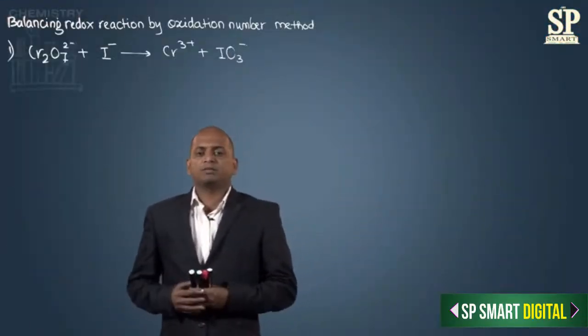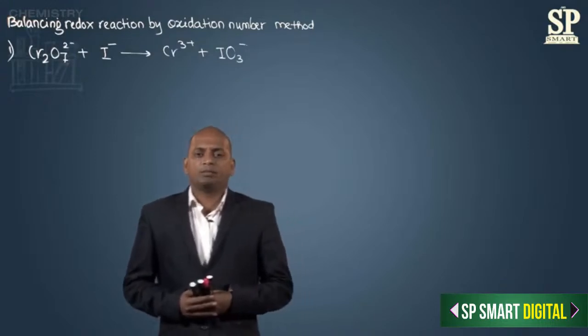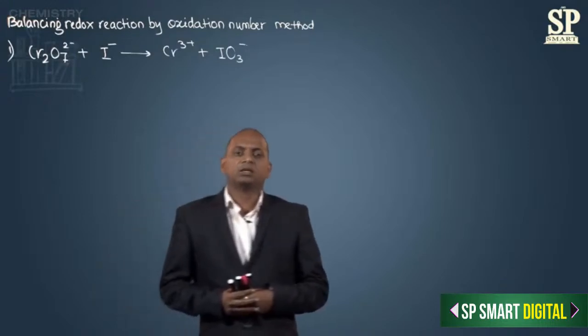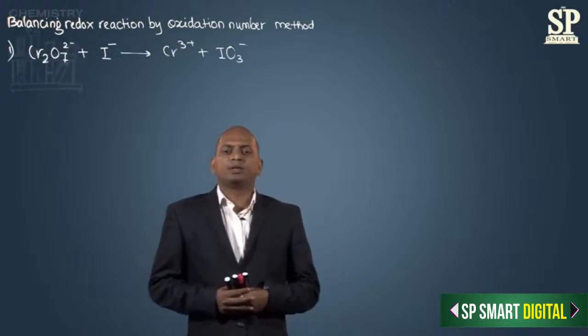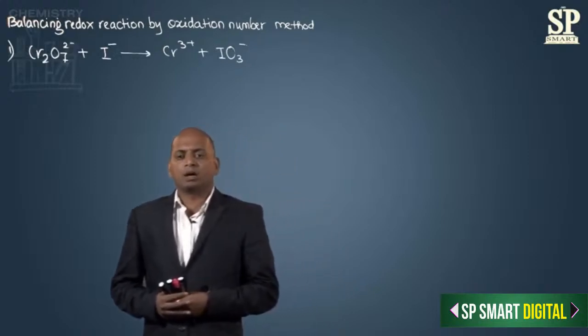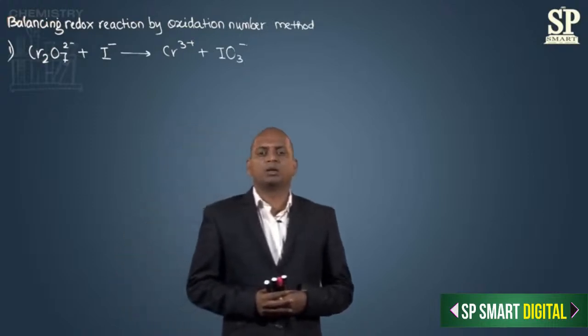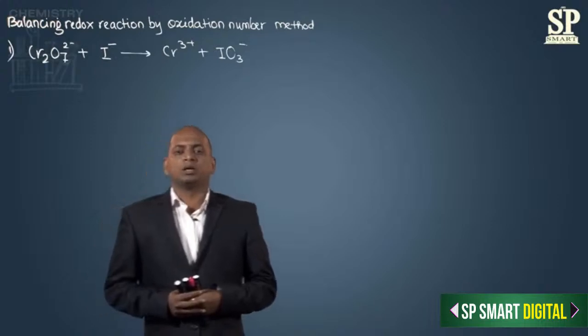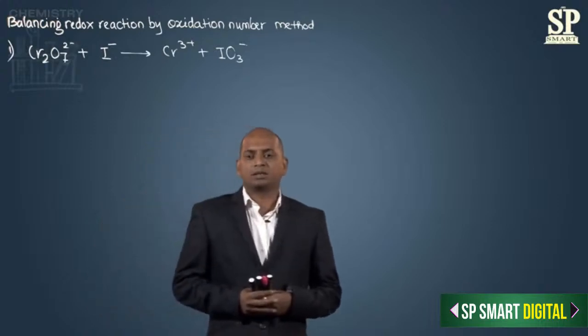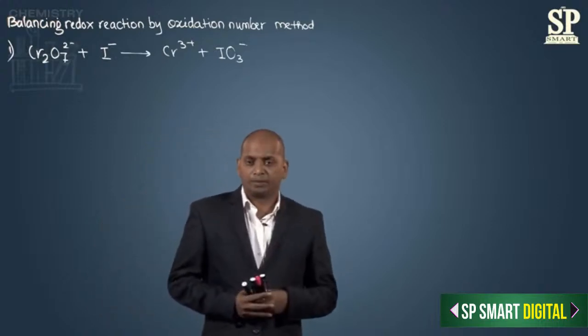In the previous sessions we were discussing balancing the redox reactions by using the ion electron method. There we have seen two examples, one involved ionic species, the other involved molecular species. The next method which we are using to balance the redox reaction is the oxidation number method.